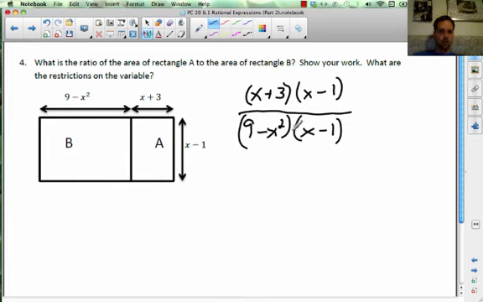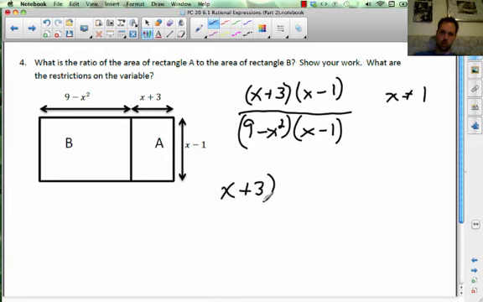Alright, so restrictions on the variable, let's start with that. X can't be 1, otherwise this dimension is 0, and that doesn't make sense. You don't have a box, or you don't have a square. And this is actually a difference of squares.